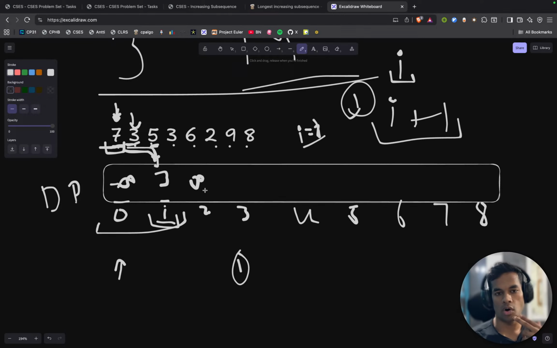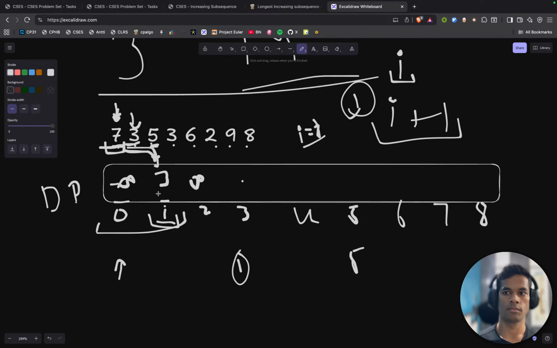Wait, is this thing always going to be in increasing order when I'm at 5? Is this thing always going to be in increasing order? Because right now every value is infinity, and when I'm at 5, the best thing I can pair this up with is 3.